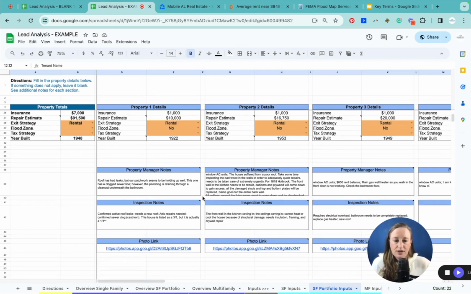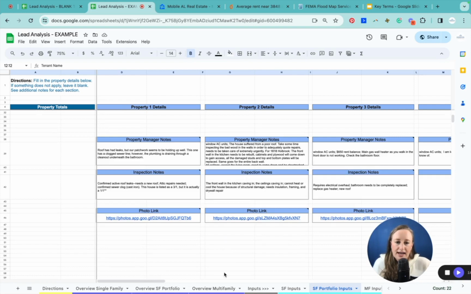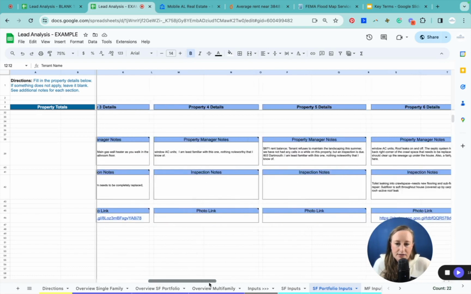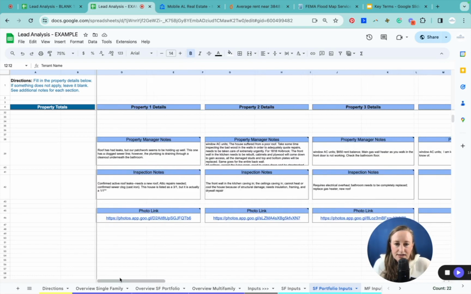Here we did go through all the houses, and there were a lot of notes. Basically, the long and short of it is that these houses had fallen into disrepair. They needed a lot of repair work. So that's annotated here throughout the spreadsheet with links, photo links to most of the properties.